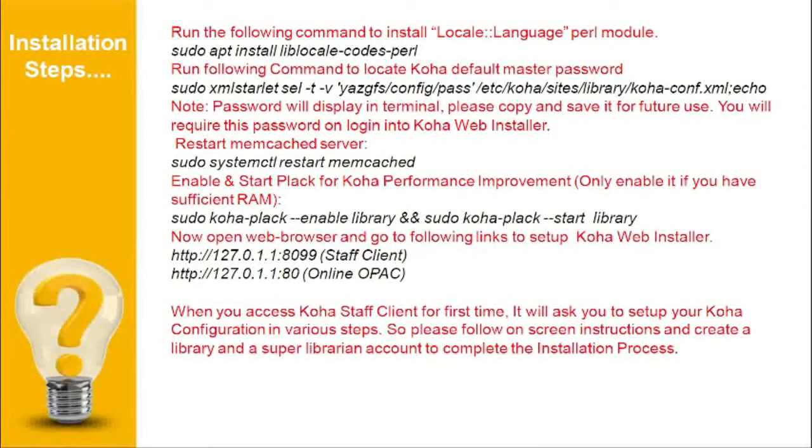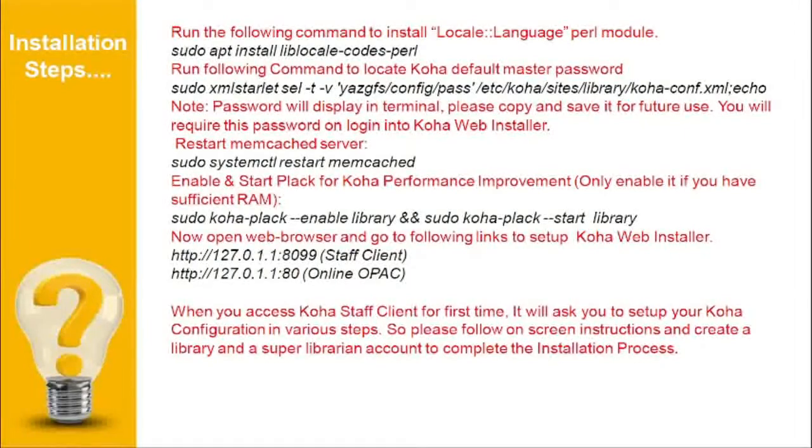So when we access our staff client for the first time, the password that was extracted is required. The username will be by default Koha_library, and the password will be the one that is extracted.